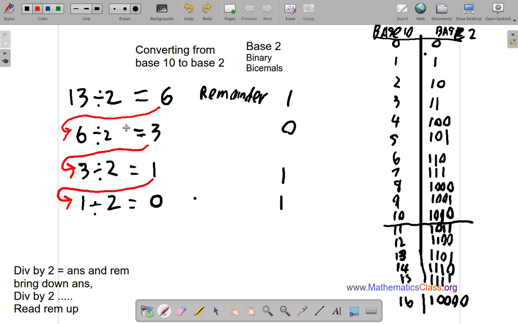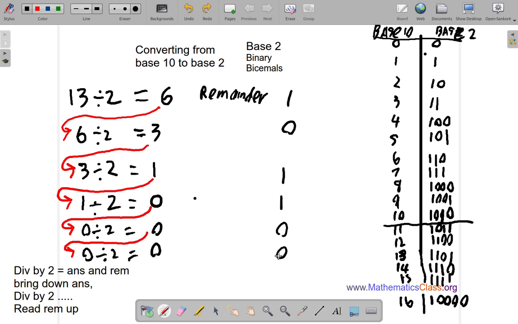Okay, let's go on. The answer is 0. 0 divided by 2 is 0, remainder 0.